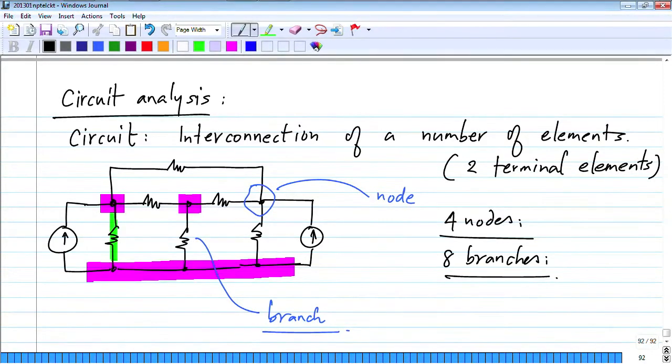So, given that, how many variables do we have to solve for? If we have 8 branches, how many variables do we have to solve for?